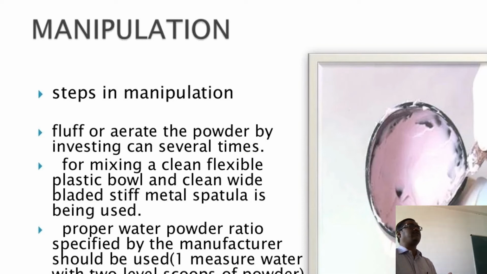It is around 15 to 20 seconds that we have to stir it. Once the stirring is over, we start wiping around the walls of the bowl, which is also around 15 to 20 seconds. So first 15 to 20 seconds stirring, next 15 to 20 seconds wiping around the walls.